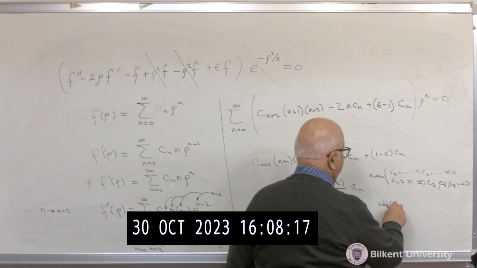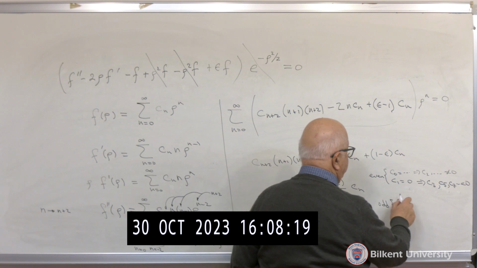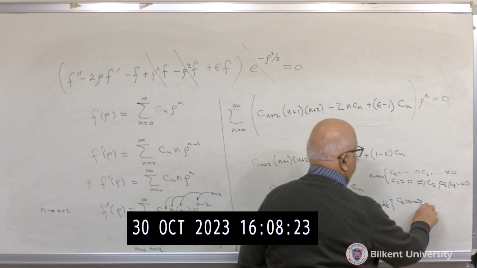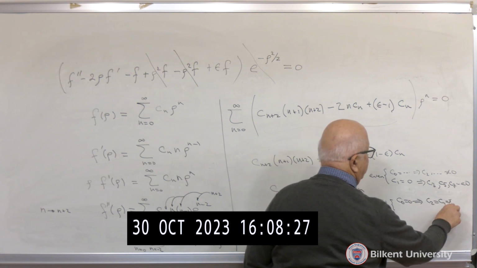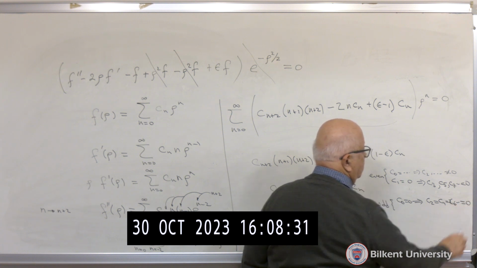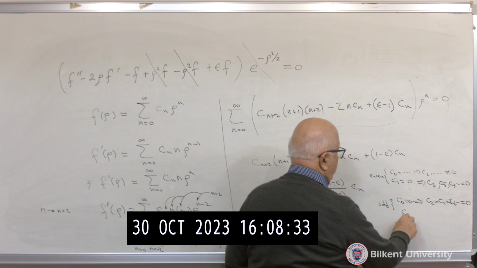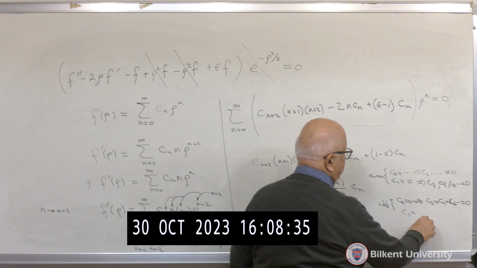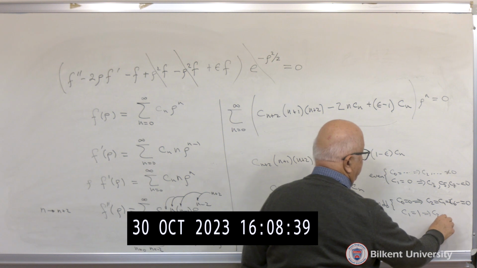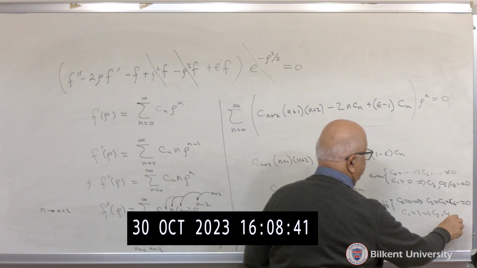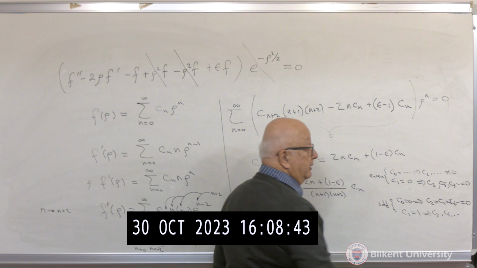I can get an odd function. If I put C0 equal to 0, that means C2 and C4 and C6, all of those things will be equal to 0, but C1 can be something finite, say 1, and then obviously that will generate C3, C5, etc., so that will be an odd function.